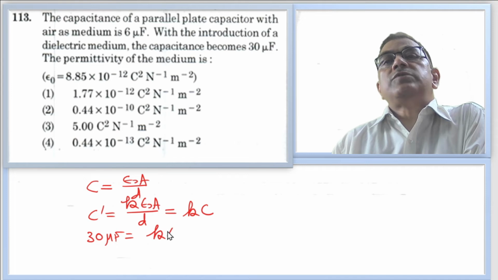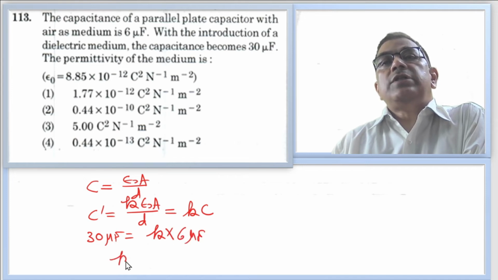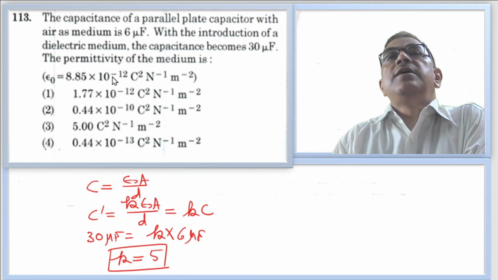K we are supposed to find, and C is 6 microfarad. So the dielectric constant of the medium which has been put in between the plates is 5. Is it okay?